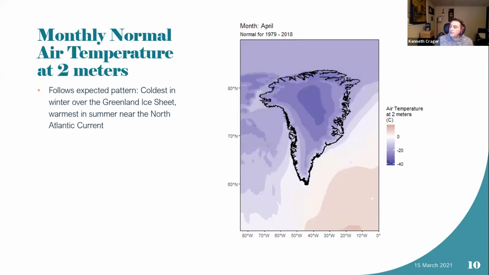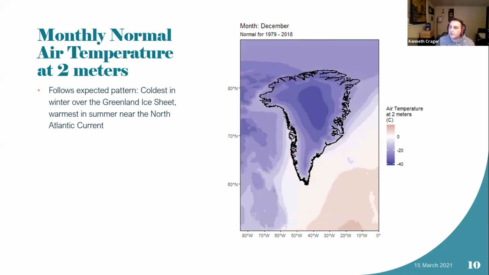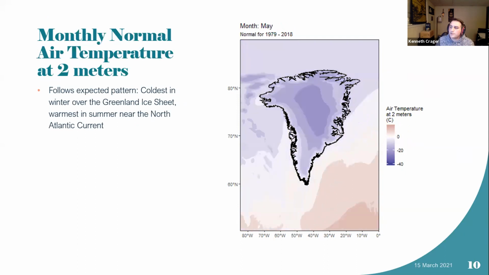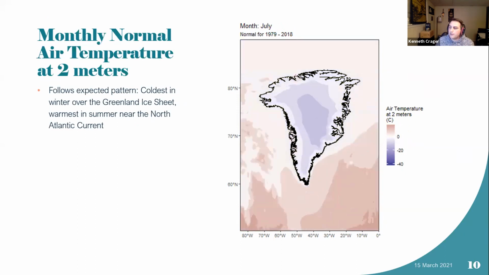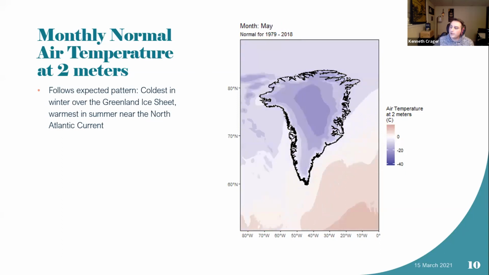So now getting into some of the more interesting data with the air temperatures at 2 meters. This really and truly follows the expected pattern where the coldest temperatures are over the Greenland ice sheet in the winter, while the warmest temperatures are seen in the summer near the North Atlantic current.